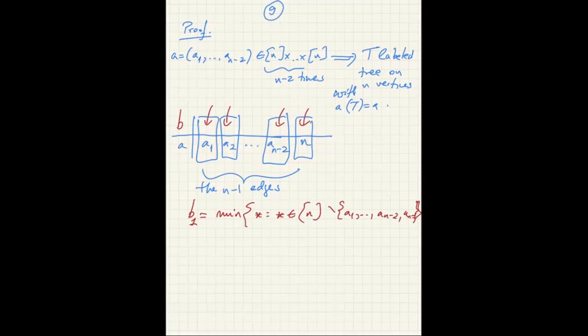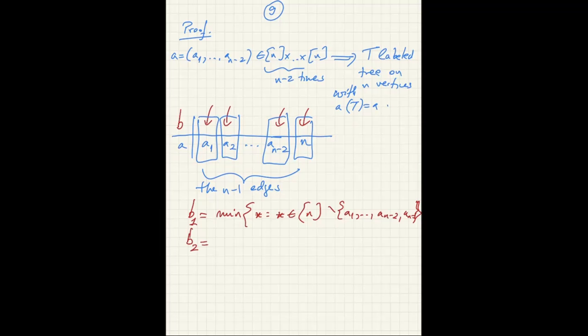Now, once B1 is gone, B1 is a leaf, it never appears anywhere else, then we have this smaller tree, and in that smaller tree, B2 is the smallest leaf, and by a similar argument, B2 is chosen.